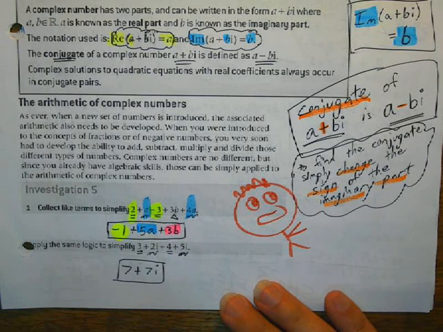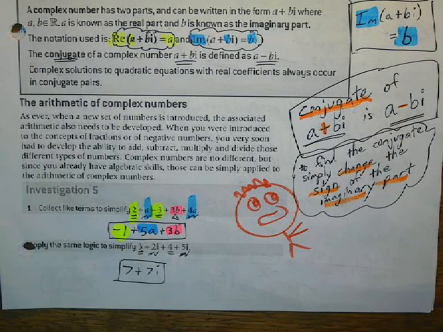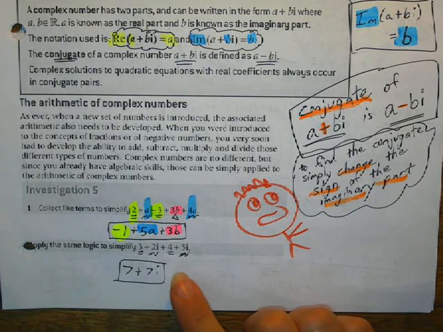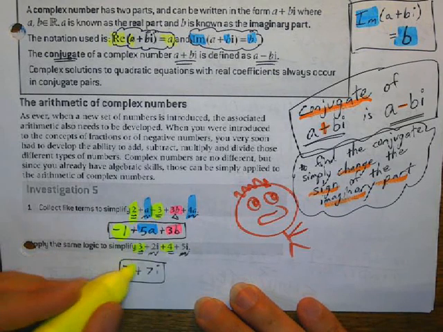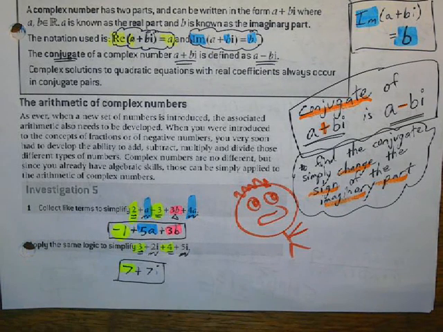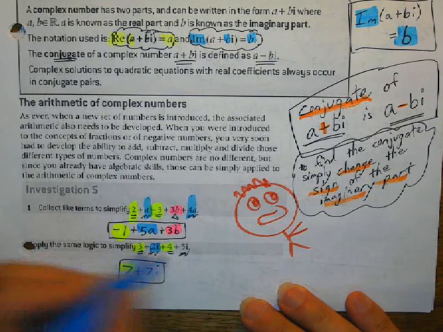Right? Same thing works for imaginary numbers. We've got our 3 plus the 4 gives us 7, and our 2i plus 5i gives me 7i.